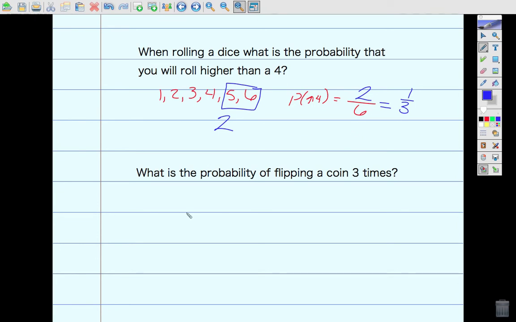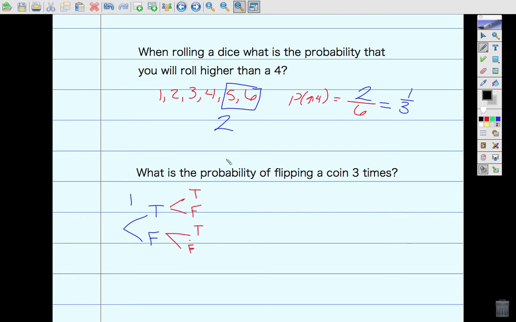So before we've done what was the probability of flipping a coin 2 times, this time we're going to do what was the probability of flipping a coin 3 times. So our first flip, I have true and false. The second time, maybe, I have true and false, and true and false.